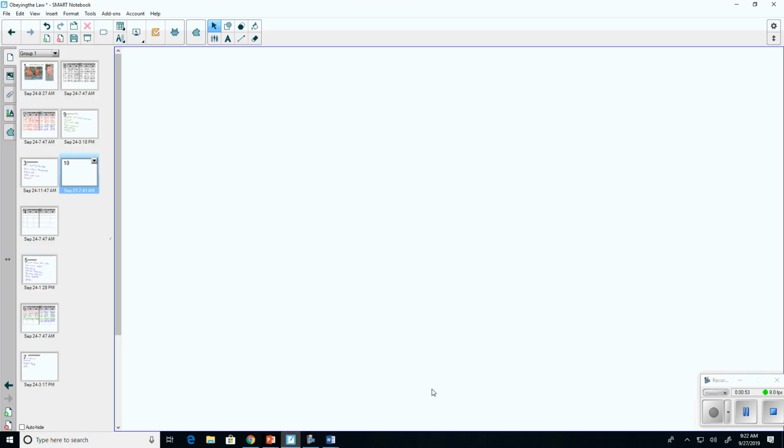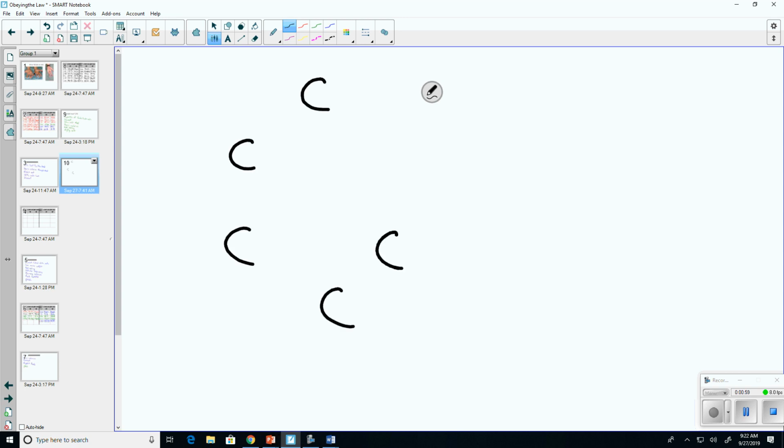Knowing that it's a ring, I'm going to put my carbons in a ring-like manner. Remember, each carbon has 4 valence electrons. I'm not going to draw the hydrogens in yet.